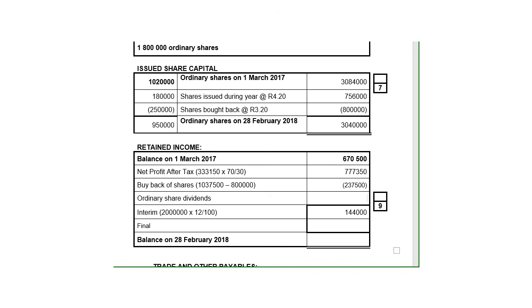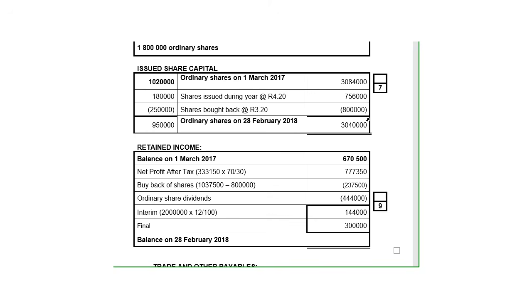In total, I paid 444,000. If I've got the total and I know what portion was interim, the difference is the final. So in total, I paid 444,000 minus 144,000, which was the interim, which means 300,000 had to be the final. Dividends, I paid, it will make my amount less. So I must put it in brackets.